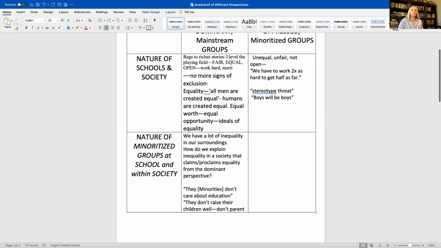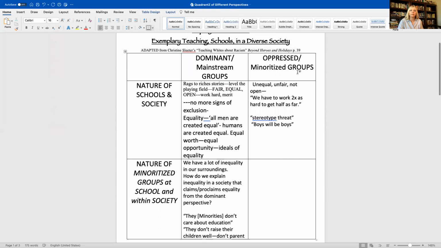And now to go down here to this quadrant right here: from this minoritized group perspective here, with that pair of glasses, how does this group see minoritized people and groups at school and within society? And this is just so critical.